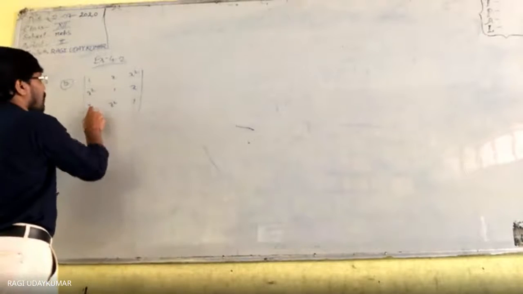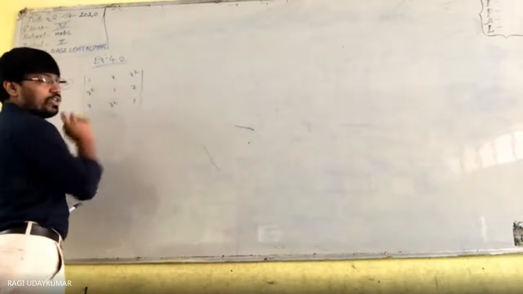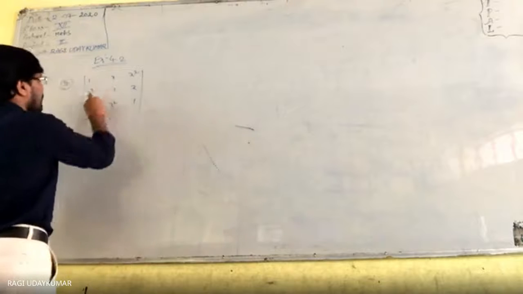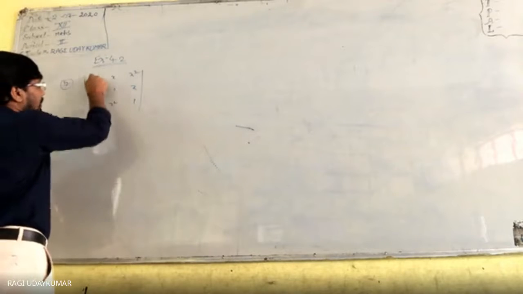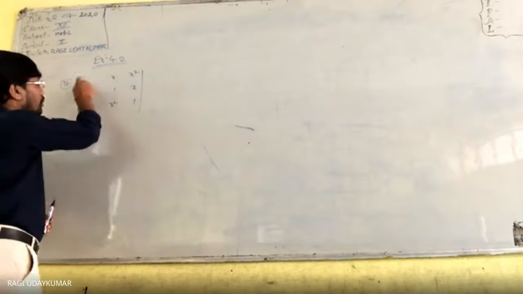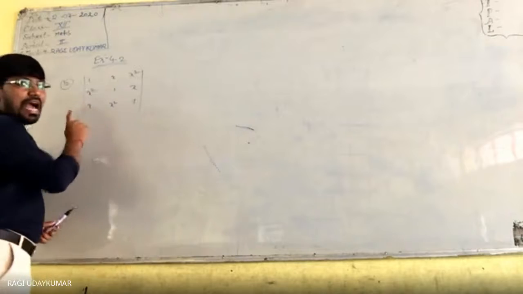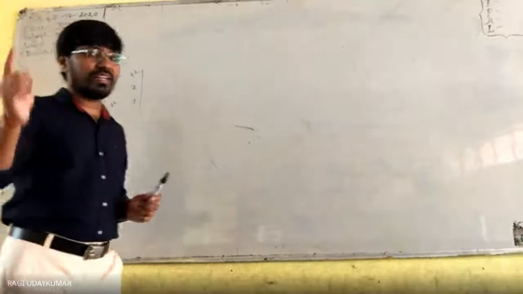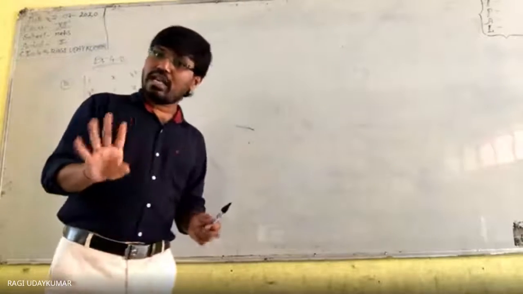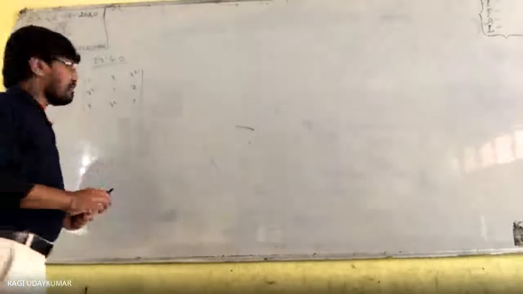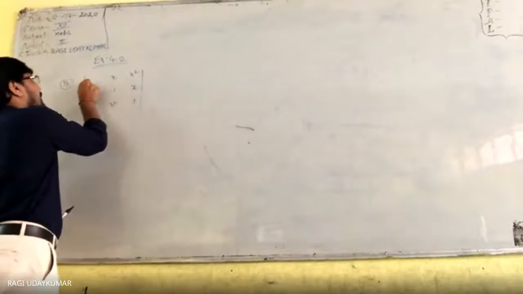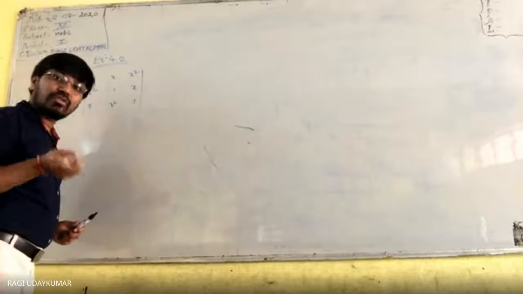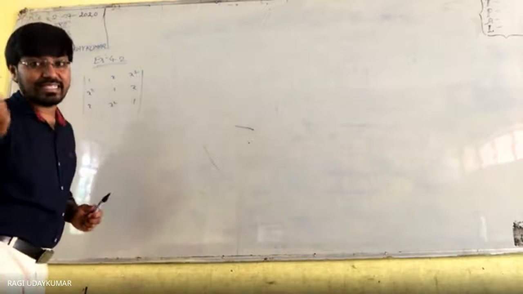We can add these three. If you are adding these three, row 1, row 2, row 3, we can write r1 tends to r1 plus r2 plus r3, so that you will actually get the answer. If you add columns and write it here, then c1 tends to c1 plus c2 plus c3.